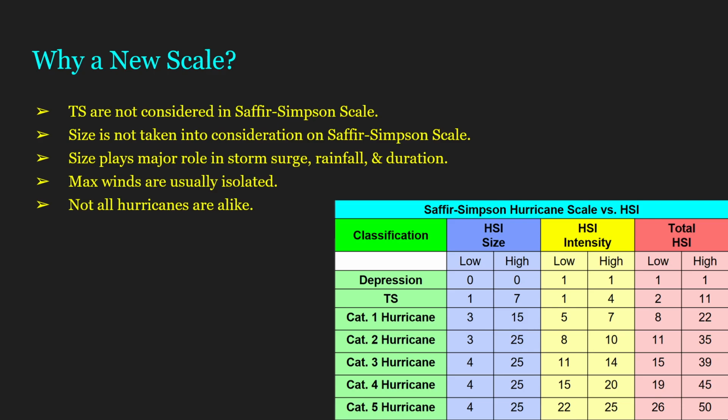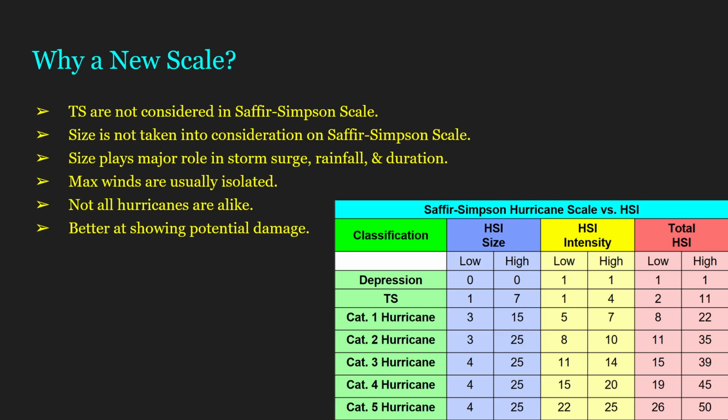Those play major roles for how much damage you're going to receive. And this just makes it a better indicator of the potential damage. Again, there's nothing wrong with the Saffir-Simpson scale. There are just problems with just measuring winds.